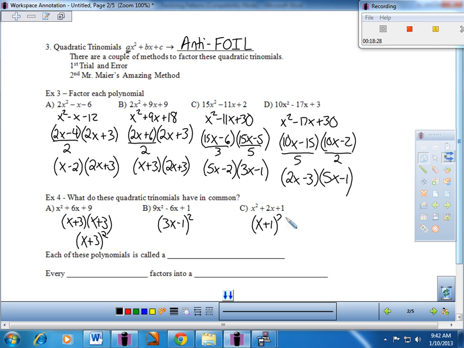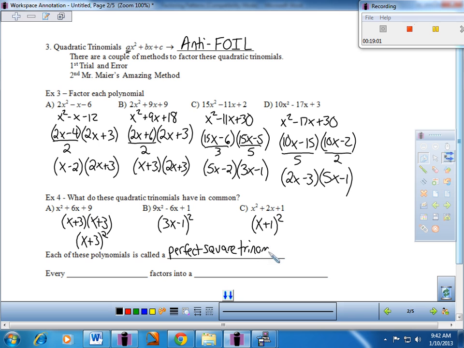So there are just a couple names that go with these, and we will see a lot of this in the future, being able to factor this and make it look like this. This form is going to be key for a lot of little algebraic concepts that we're going to see this semester. Anyway, it says each of these polynomials is called, so the original problem there is what's called a perfect square trinomial.